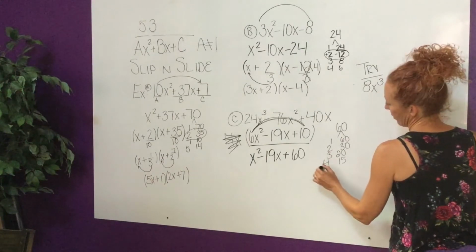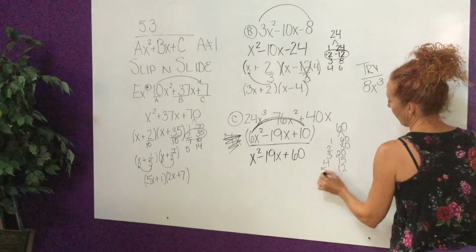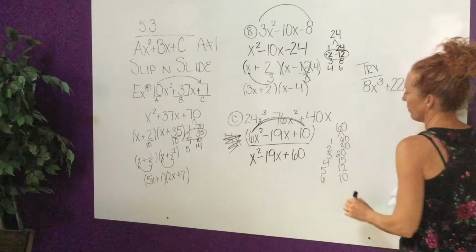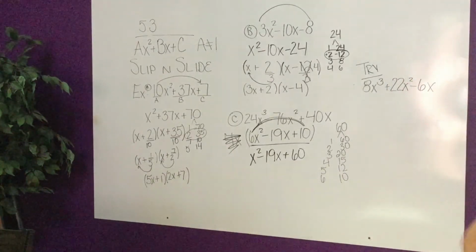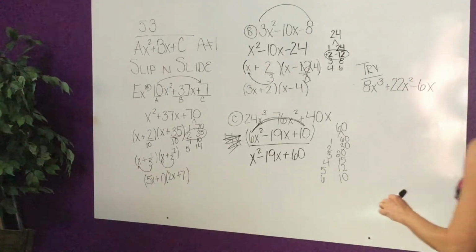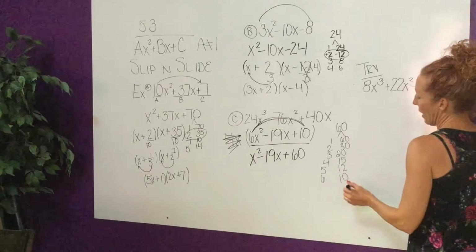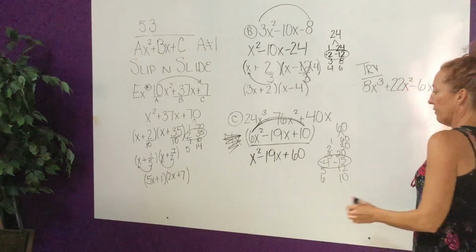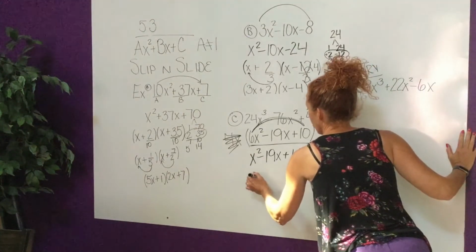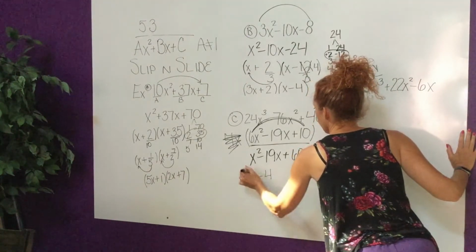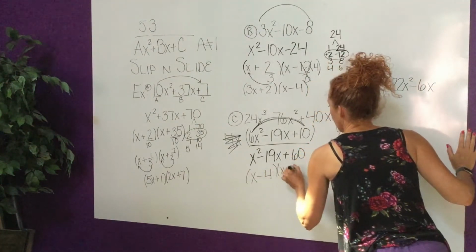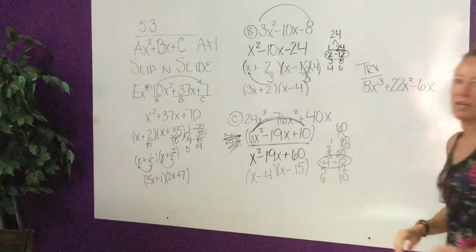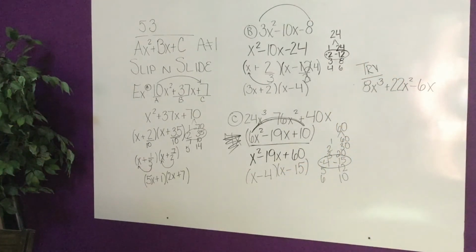And then let's do 5 and 12, and then 6 and 10. So 60 has a lot of factors. How are we going to add 2 numbers and come up with 19? -4, -15. So we're going to say -4. And we're going to say -15. Let me double check that you can still see that in the video. Oh yeah, we're good. Okay.